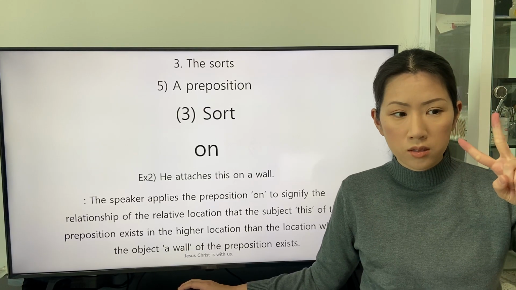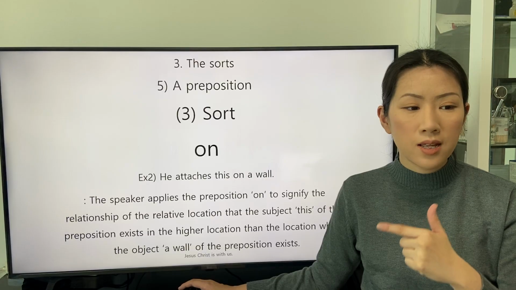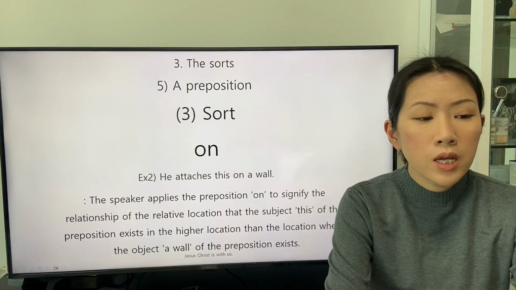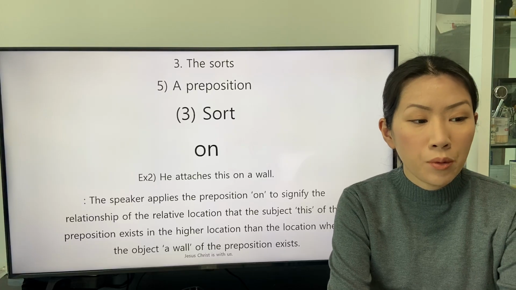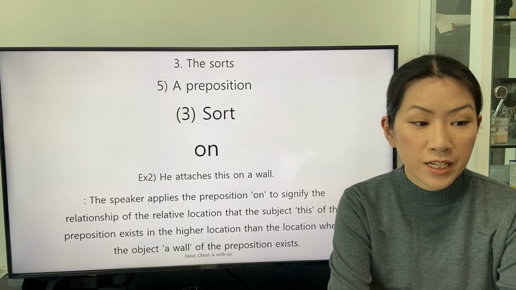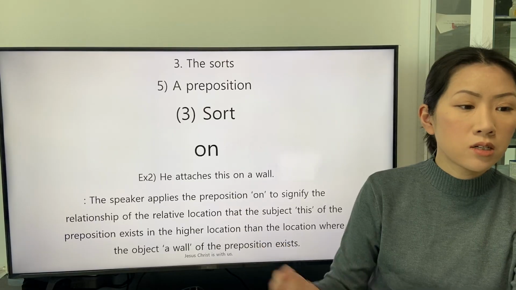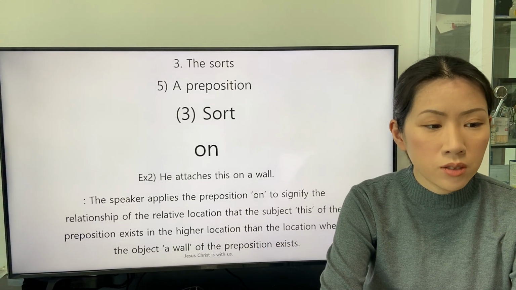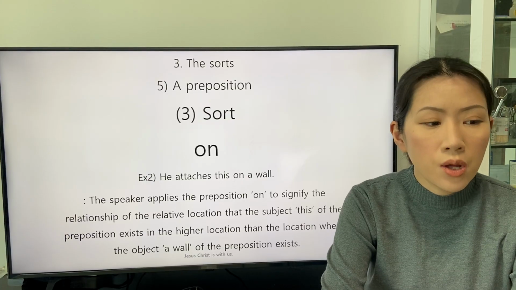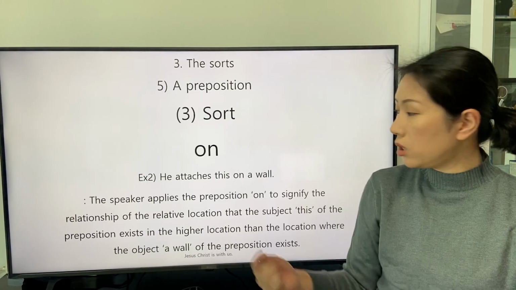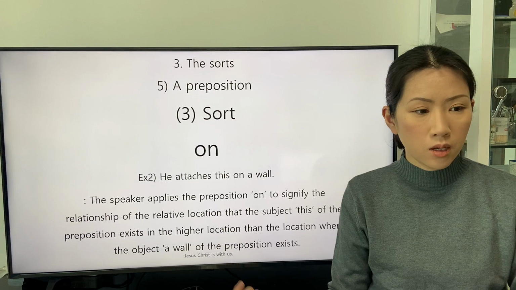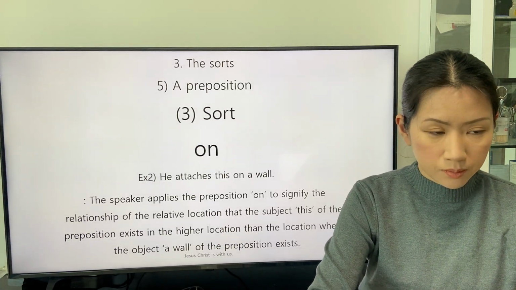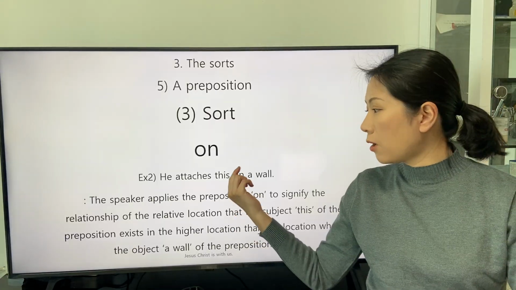The second clause is this. He attaches this on a wall. The speaker applies the preposition on to signify the relationship of the relative location that the subject of the preposition exists in the higher location than the location where the object, wall, of the preposition exists.